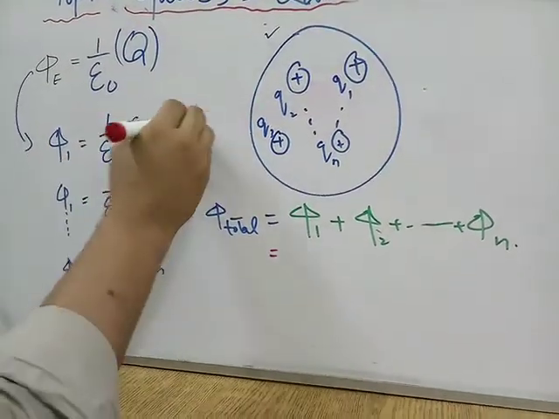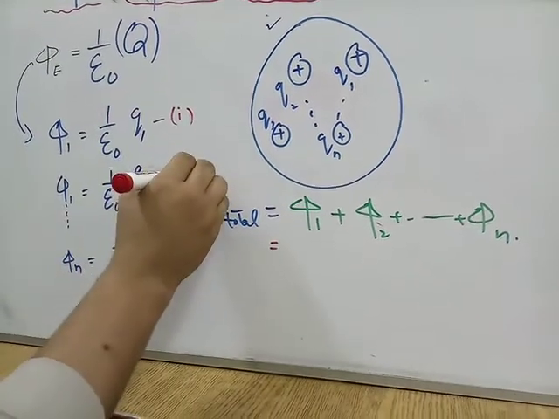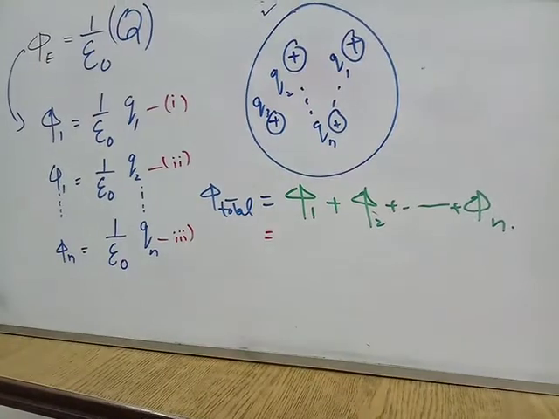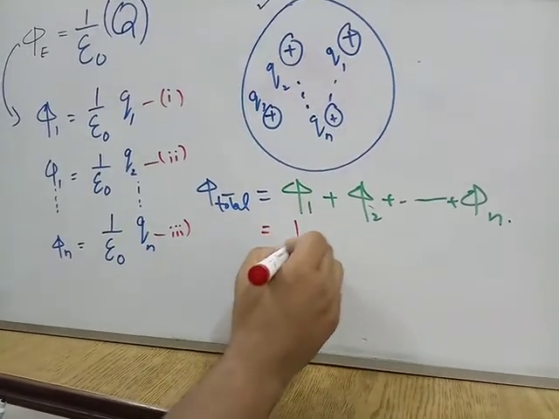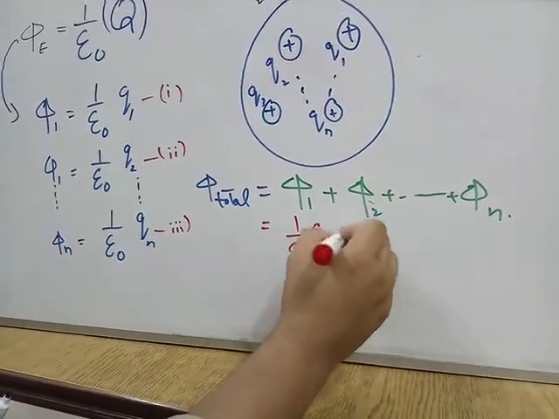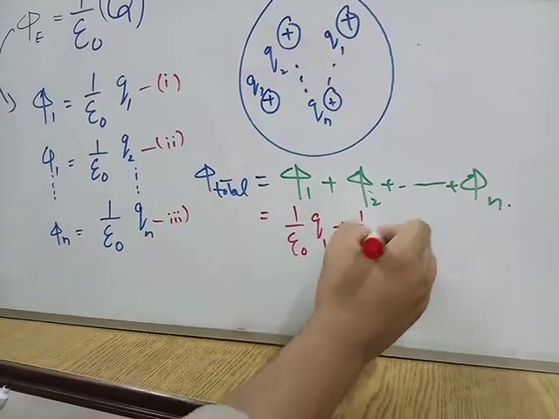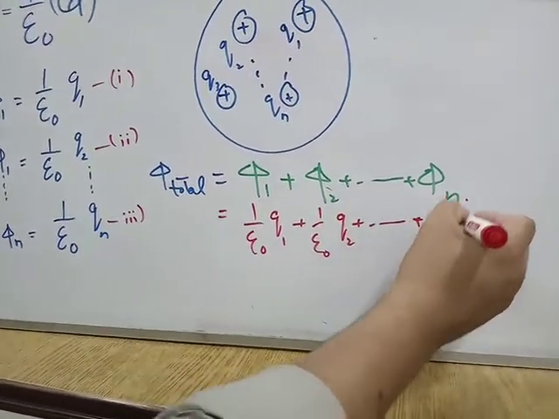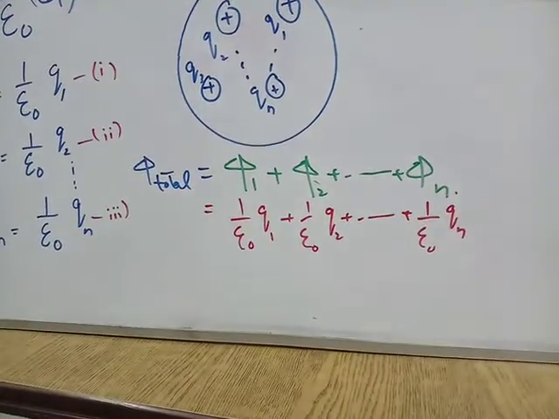When we put the values for these individual fluxes from equations 1, 2 and 3 into the general equation, we get 1 over epsilon naught times q1 plus 1 over epsilon naught times q2 and 1 over epsilon naught times qn.